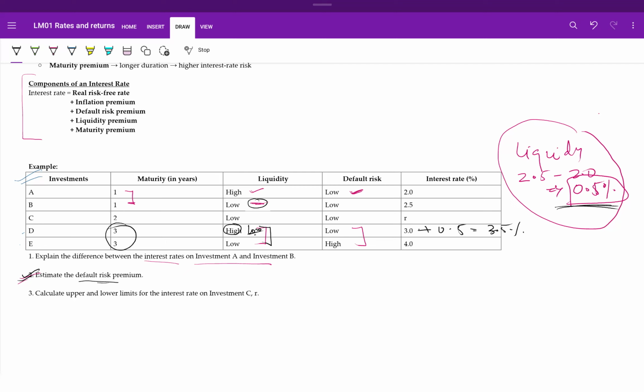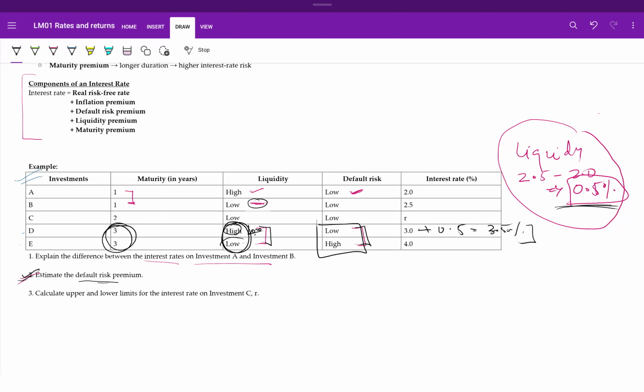So now I'm going to compare it based on the liquidity and default risk, because now I have made this also low liquidity. I have adjusted for liquidity. The maturity is already 3 years. Now I will be able to calculate the premium for default risk. I hope you are able to understand what I'm trying to convey here.